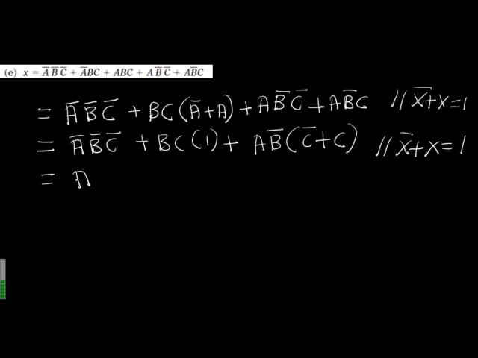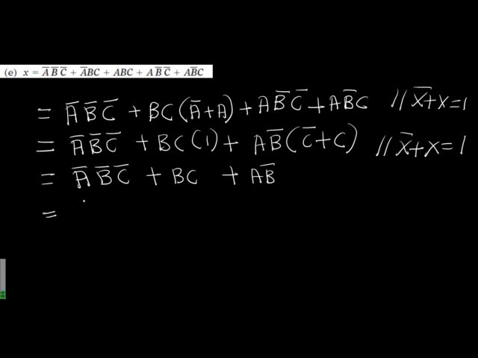So A bar, B bar, C bar, or with BC, or with AB bar, right? Okay, so now what is the common factor from here? From here, can you see, can we take out B bar from here and here? Okay, so I'm going to remove B bar.